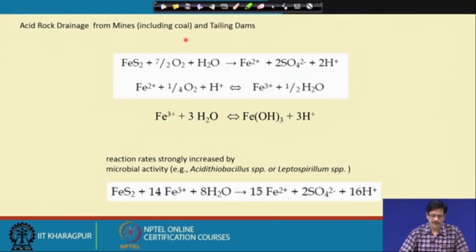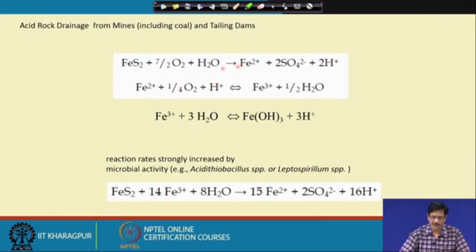If we go through the process, it is very similar to what we saw in the supergene oxidation and secondary sulfide enrichment reactions, where a pyrite molecule is oxidized in the presence of water to give rise to Fe2+, sulfate ion and 2H+.